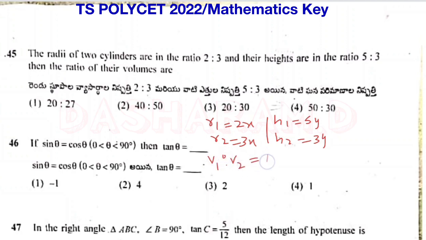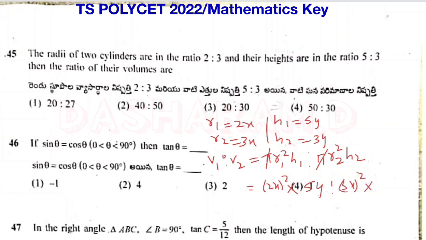V1 is to V2: pi R1 square H1 is to pi R2 square H2. Pi cancels. R1 square, that is 2x whole square into H1 5y, is to R2 square, 3x whole square into H2, that is 3y.